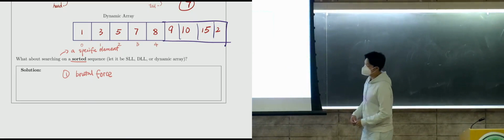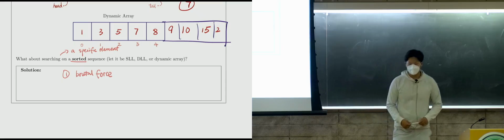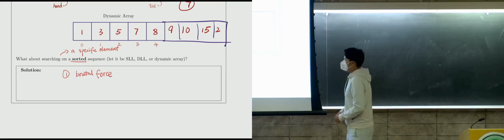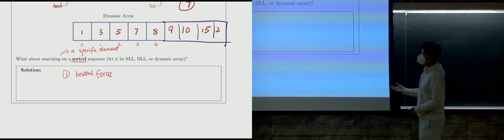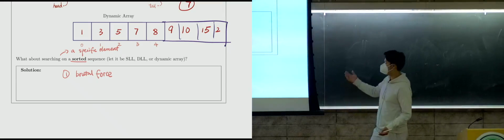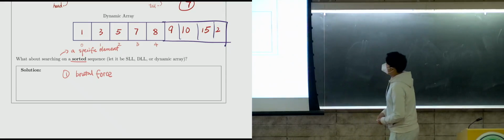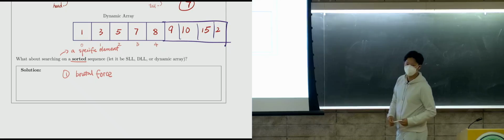When the sequence is unsorted, we still do this brute force search, right? We search the first element, the second element. So that means we didn't improve our ability to search for a specific element more efficiently, which means that the sorted information is being lost.